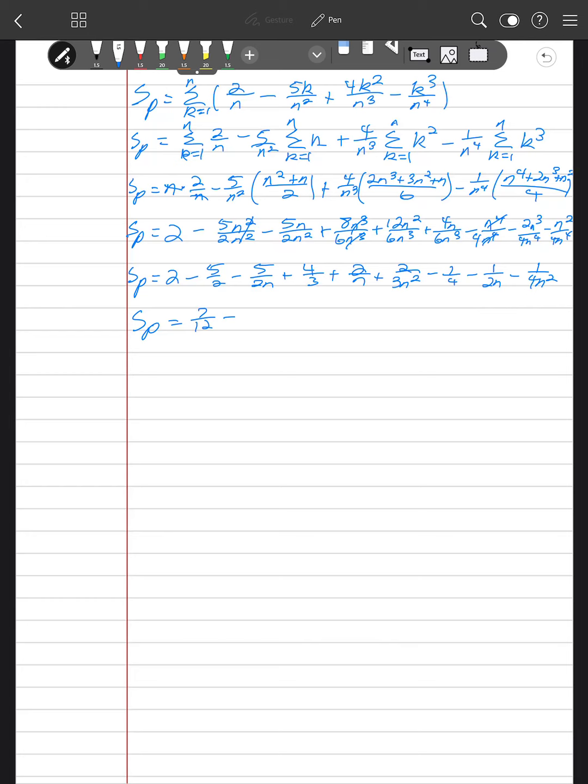And then we've got negative 5 over 2n, 2 over n, and negative 1 over 2n. So those are like terms, so you can add those together, ignoring the n's. So that'd be negative 5 divided by 2 plus 2 minus 1/2.